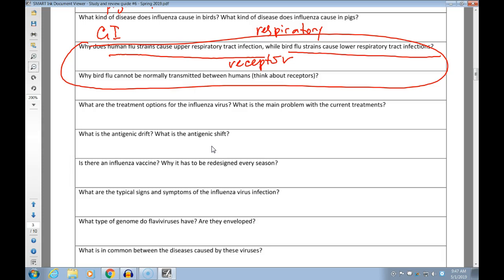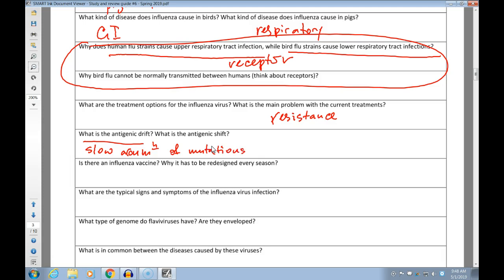Treatment options. Just know that there is a resistance, Tamiflu, amantadine. Main problem with the treatment, resistance. Antigenic drift, slow accumulation of mutations. Does that make sense?